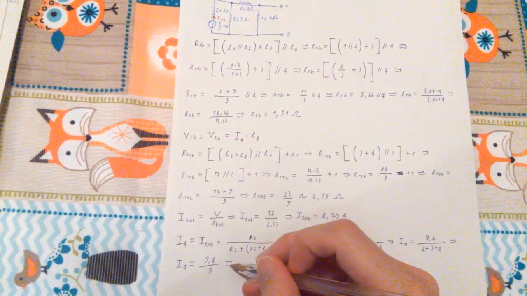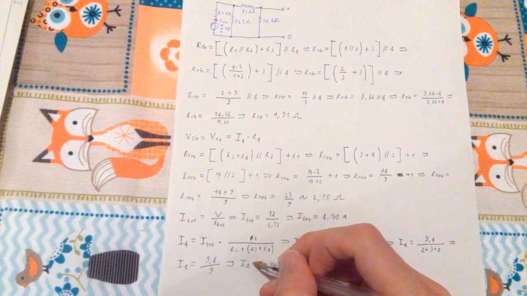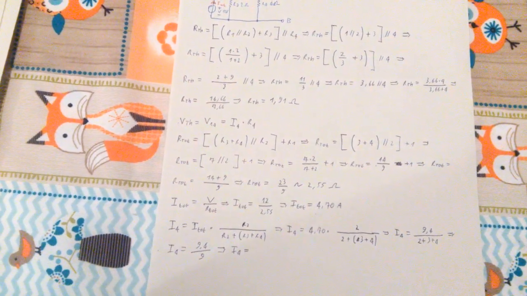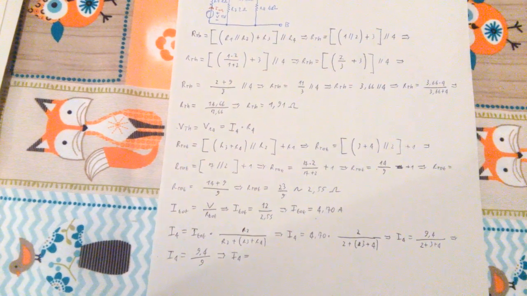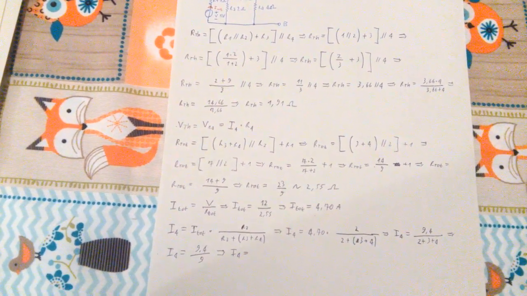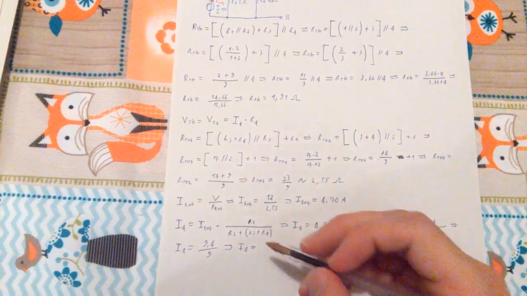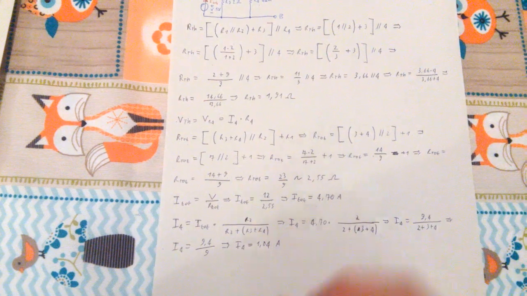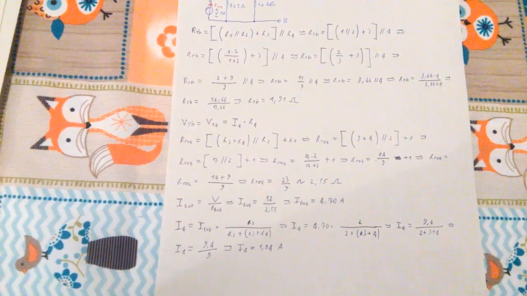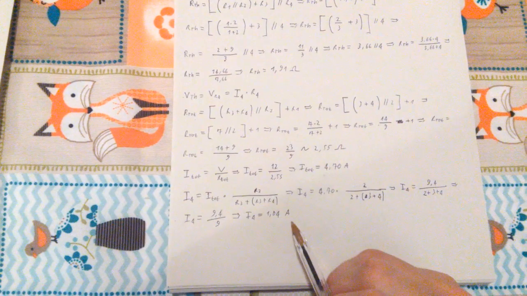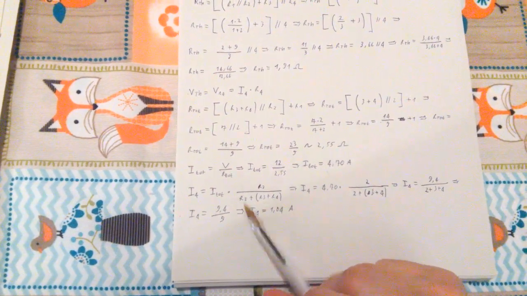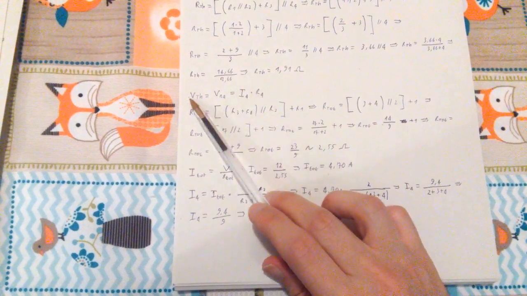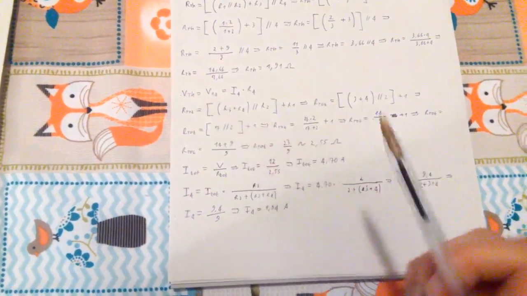Now, we can write it not as a fraction. So 9.4 over 9 is just going to be 1.04 amps. The reason why we have found all this is that now I can plug I4 back in and find VTH, so V Thevenin.